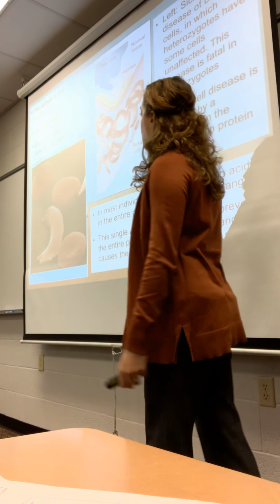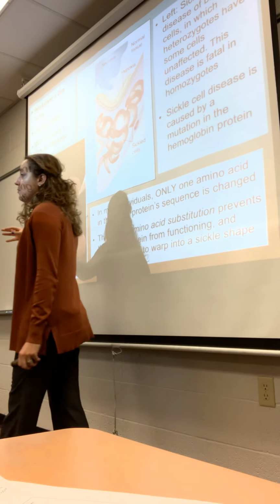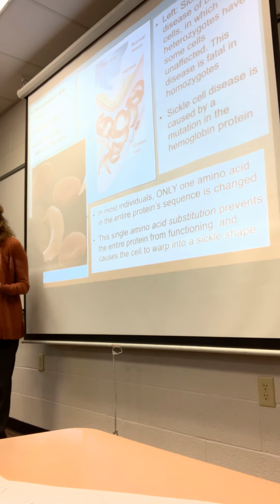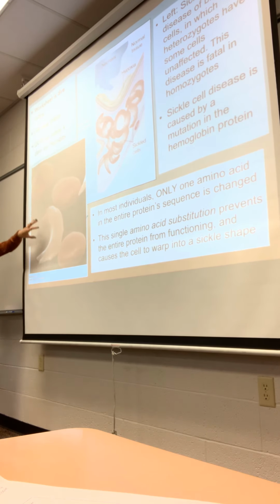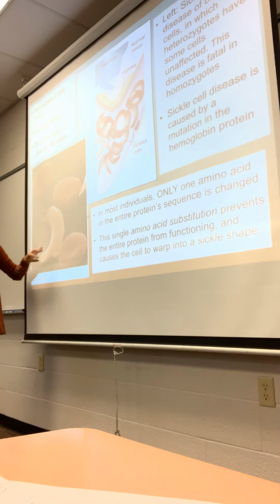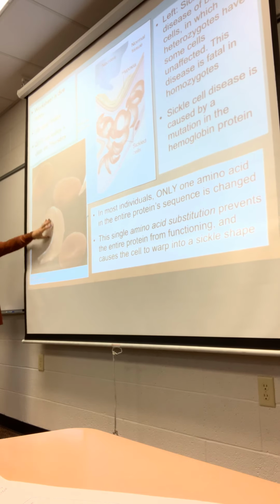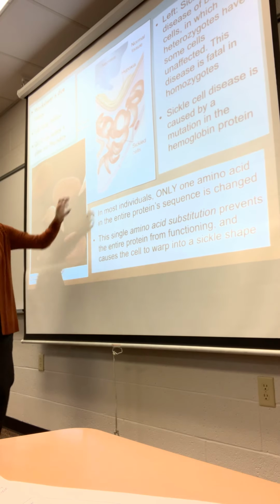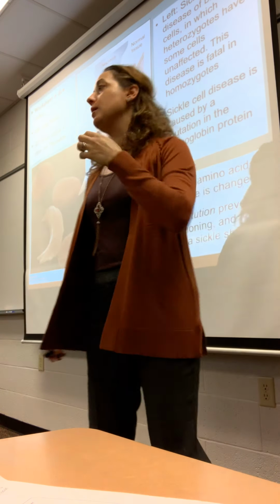So it's necessary essentially to bring oxygen to your whole body. And when you change one single amino acid, then this hemoglobin protein is going to misfold. The bigger picture is that when that protein misfolds, it actually affects the shape of the entire cell, and the protein no longer works, so it's no longer carrying oxygen to your tissues. And worse, these cells can start to clump and block your various pathways throughout your body where blood is flowing.